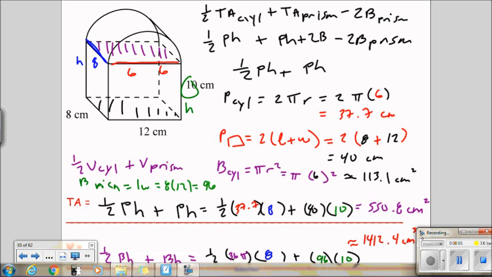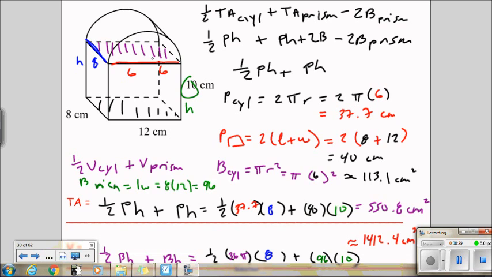Alrighty. I realized I made a mistake on this example as well, so let me clear it up. Now, to find the total area of this composite, you're going to take half the total area of a cylinder because it's half of a cylinder on the top, plus the total area of a prism, which is the bottom, minus two prism bases because that's the area that is common between both shapes.